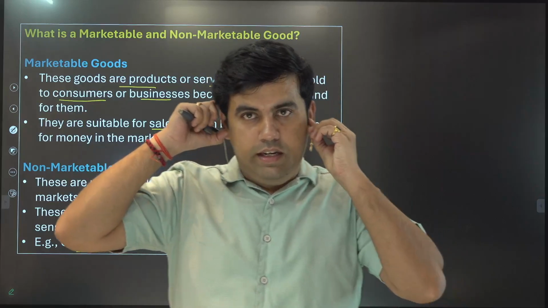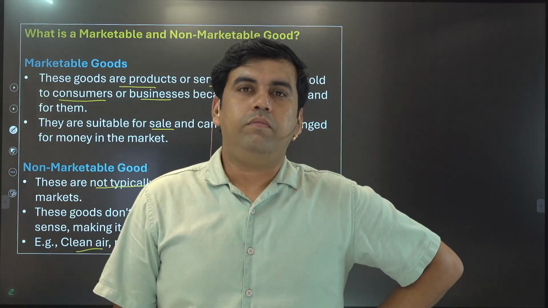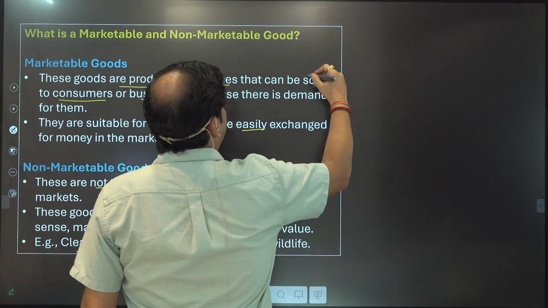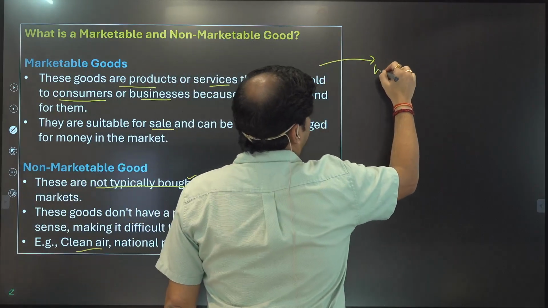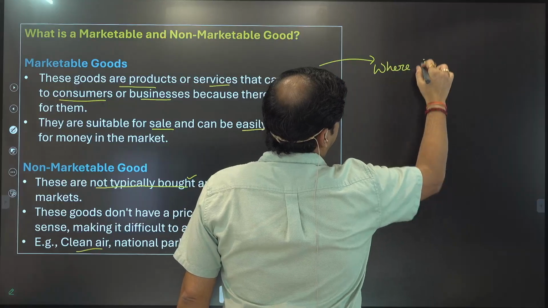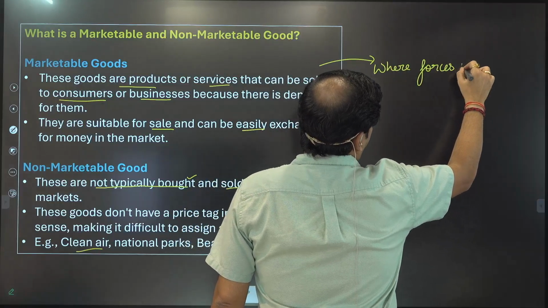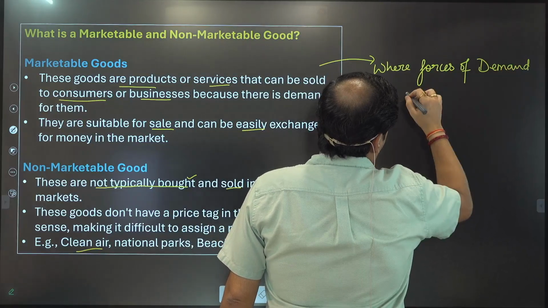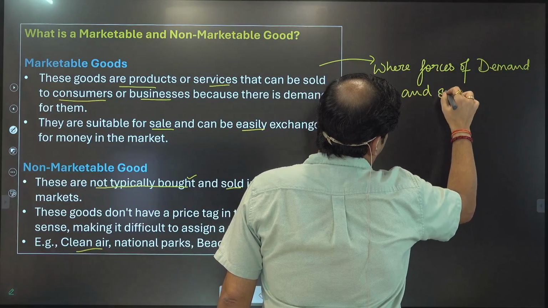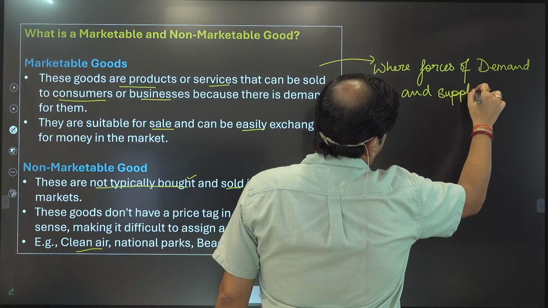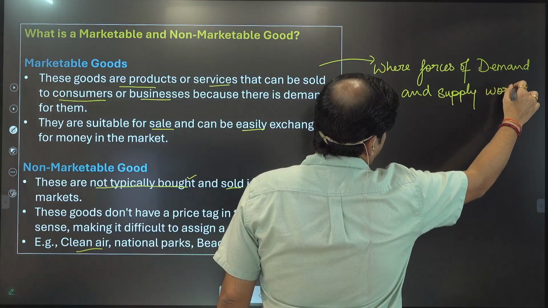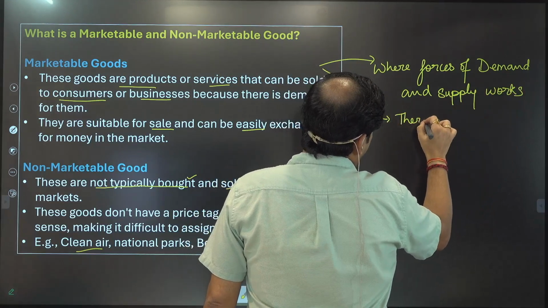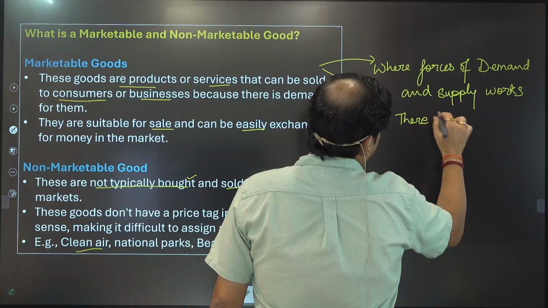Who sells the clean air? देखो, basically marketable goods are the ones where forces of demand and supply work. And secondly, there is a price.